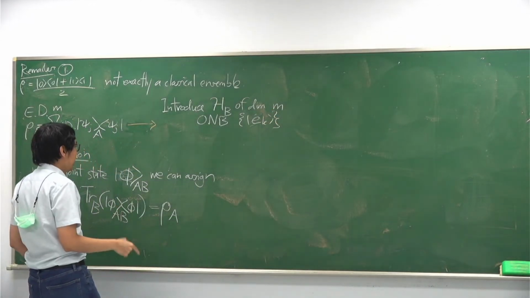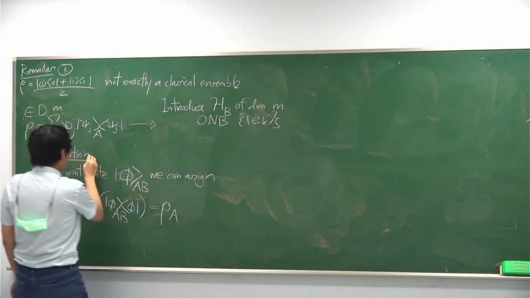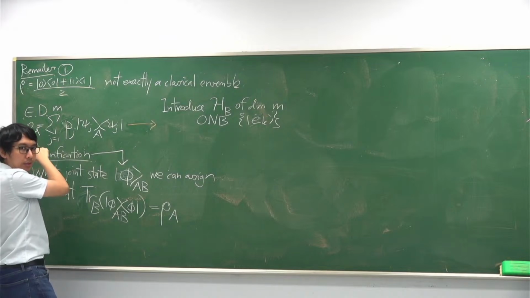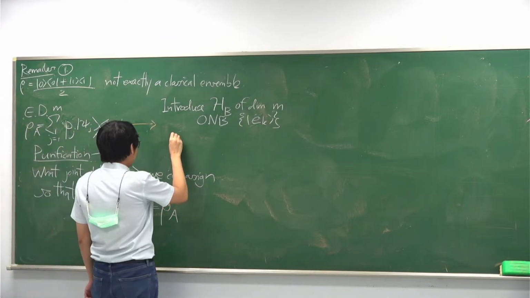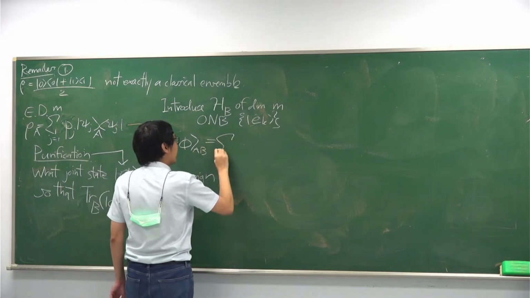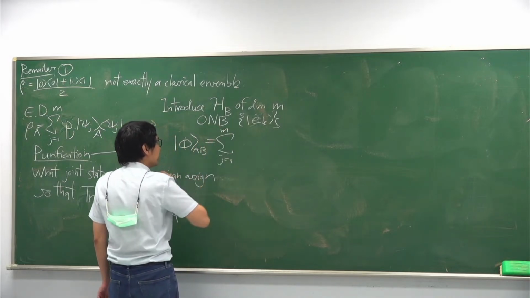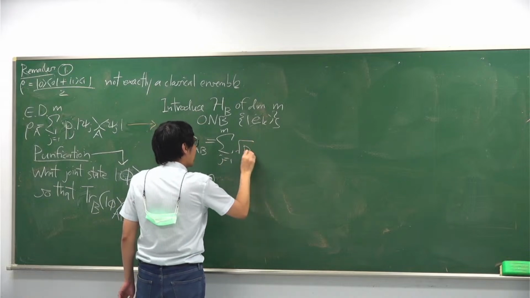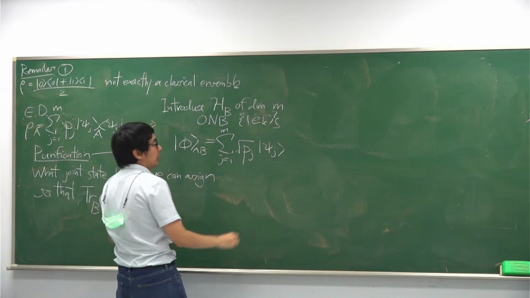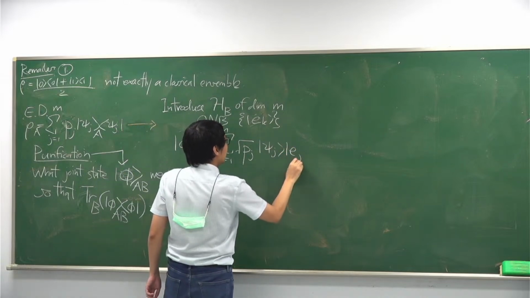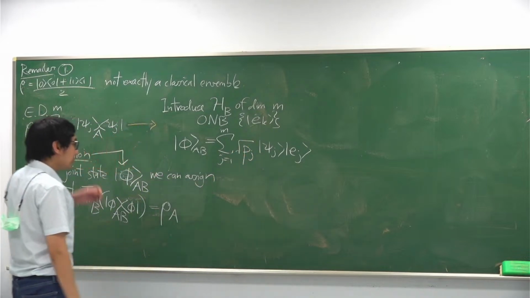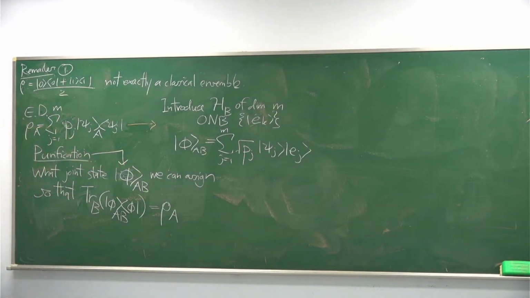Then by inspection, this is called the purification of rho A. This state will do: the sum over j of the square root of the probability p_j, times the state in the ensemble psi_j, tensored with e_j.